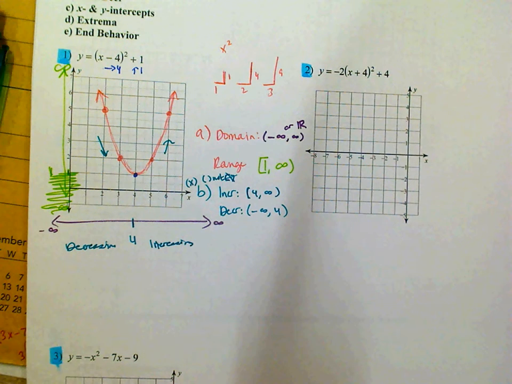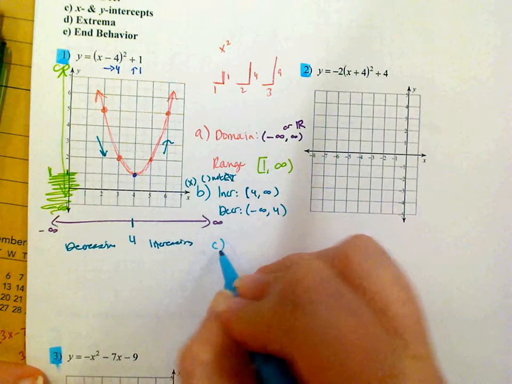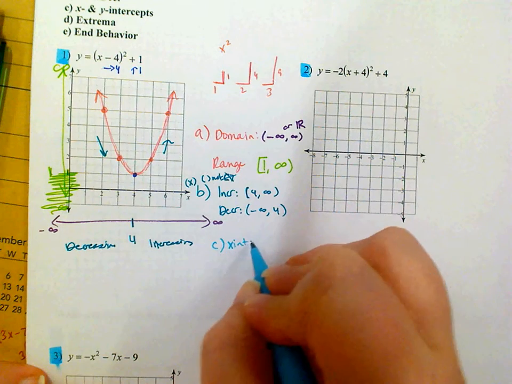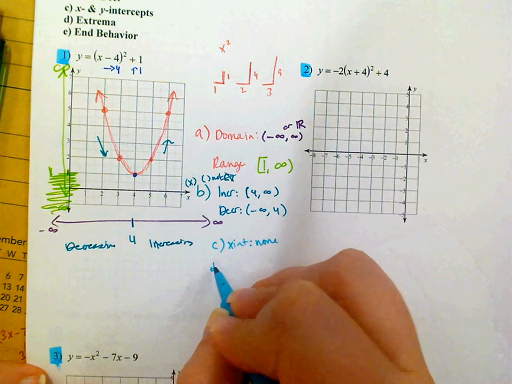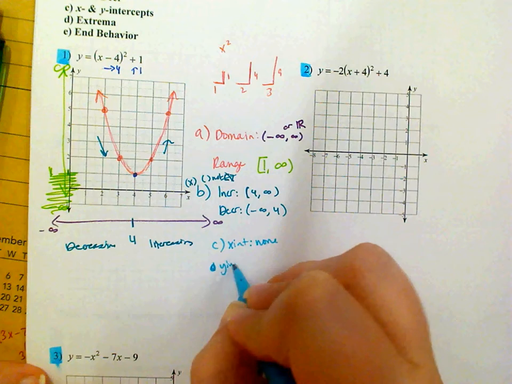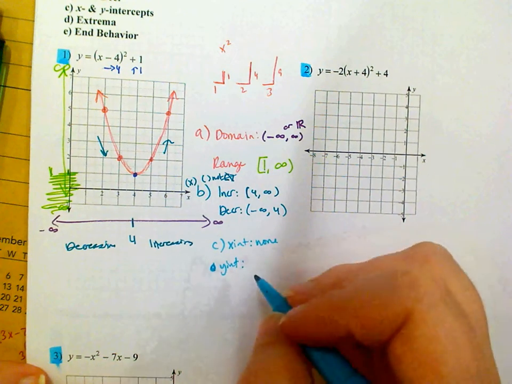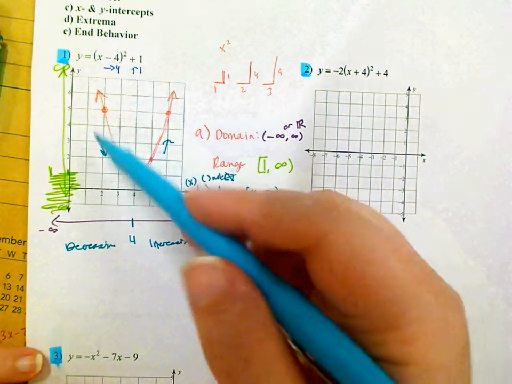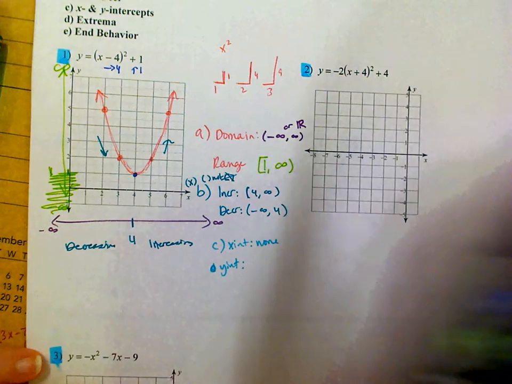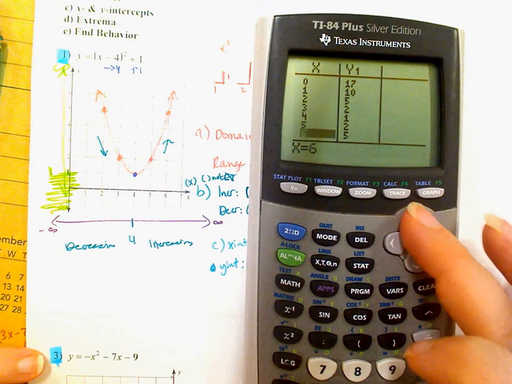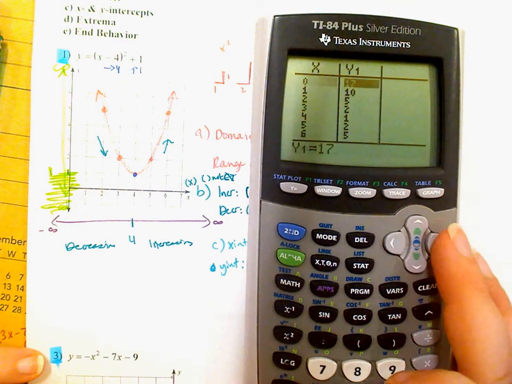The next part, C, asks for the x and y intercepts. So the x-intercept is where we cross the x-axis, and it never does, so none. And the y-intercept is where we cross the y-axis. Now, I don't actually see the y-axis, but I can do one of two things. I can either look at the table and go, okay, I know that's when x equals 0, and I see that that's 17, so (0, 17).